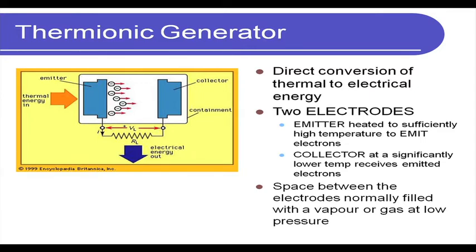But there are certain other things that we need to keep in mind. This is what we call the space charge effect. As the electrons start flowing from the emitter to the collector, there will be a build up of a negative electron cloud in the interelectrode space.